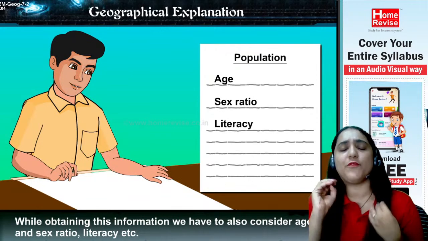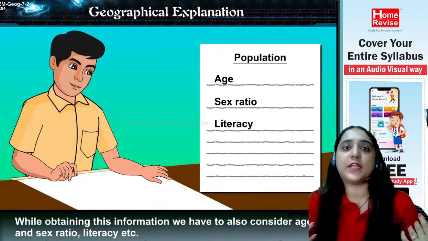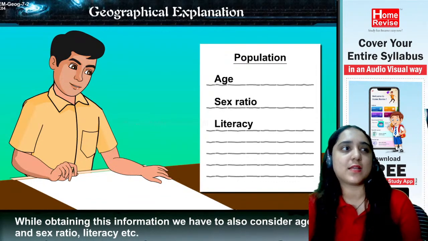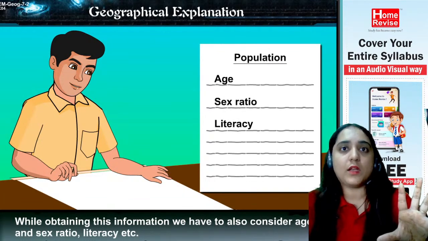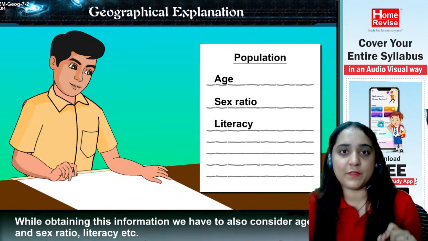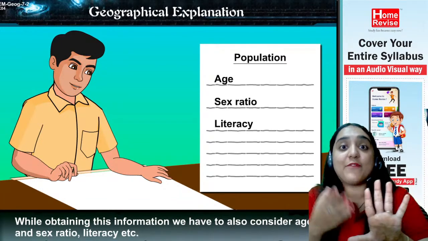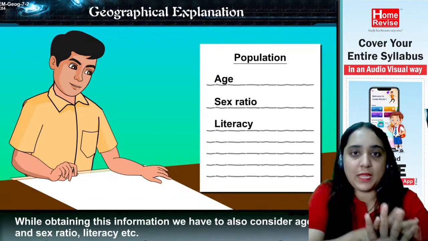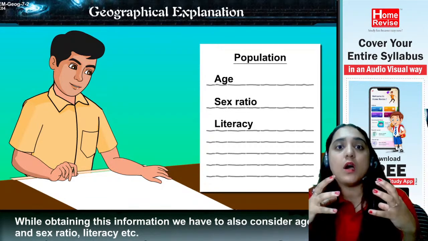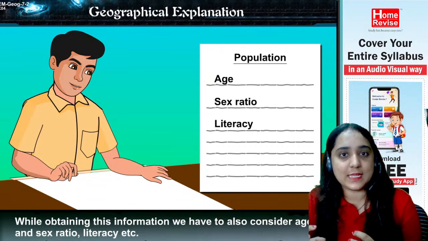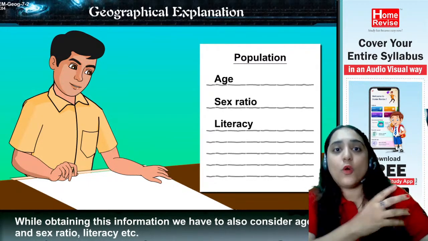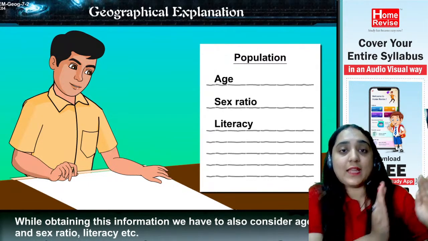For example, in a particular village, let's consider I'm taking an example of 50 males and 40 females. So if I have 50 males, I have to check the age of those males, meaning of what age group, whether they are small kids, school going kids, working people, or old people. So I have to select the age.